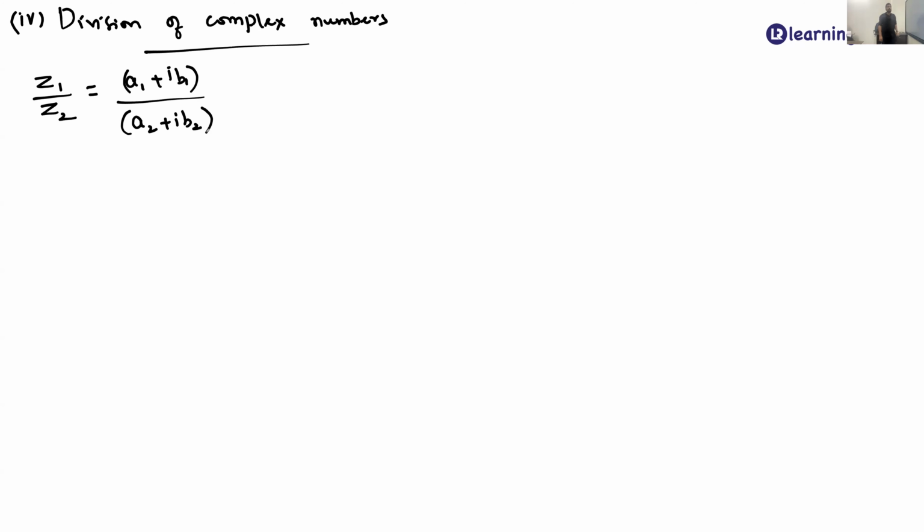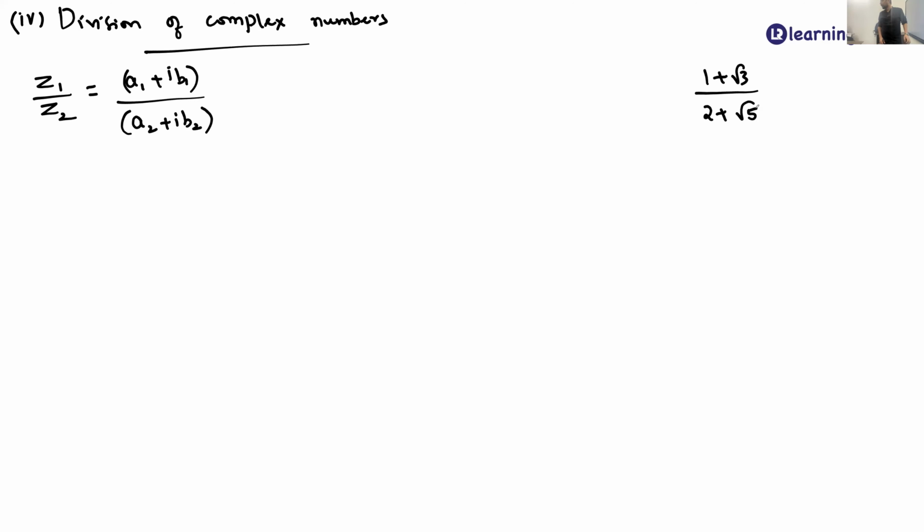Okay. So the idea comes from the concept of how you deal with division of an irrational number with another irrational number. For example, I have 1 plus root 3 divided by, let's say, 2 plus root 5. I want you to convert it into a form where the denominator is not irrational.